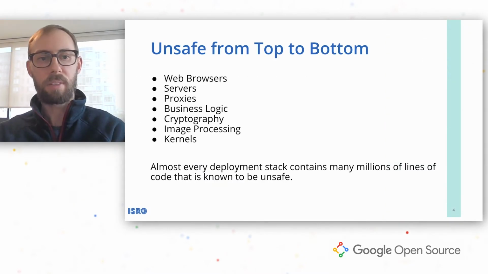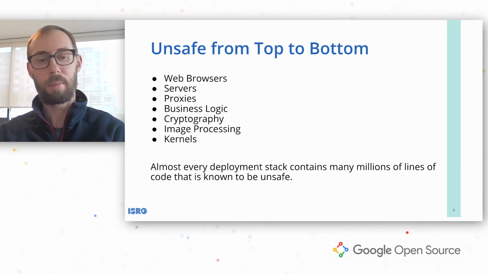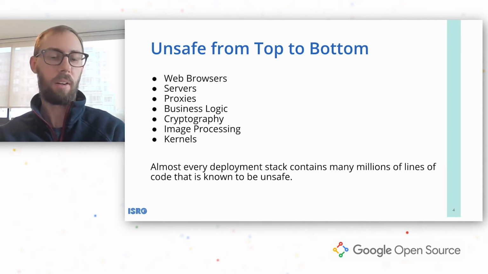So the software that we use on the internet is relatively unsafe from top to bottom because of how widespread use of C and C++ is. At the top, the closest to users, we have web browsers, which are typically many millions of lines of C and C++. From there, we have servers, more millions of lines, proxies, business logic, cryptography, image processing, and kernels.